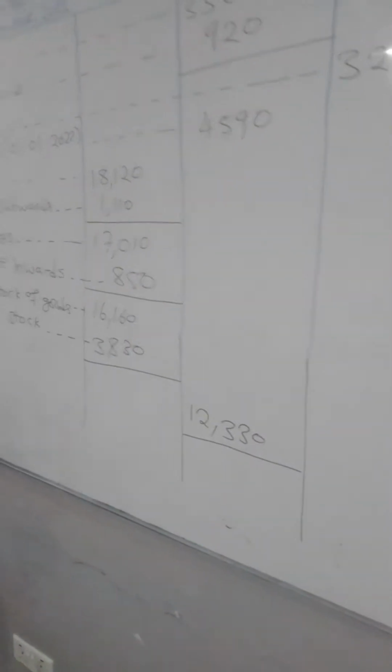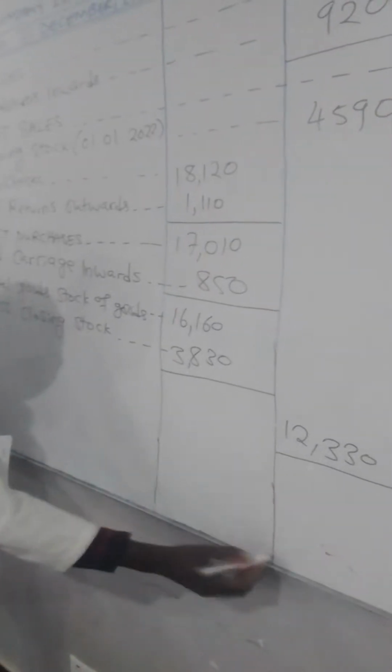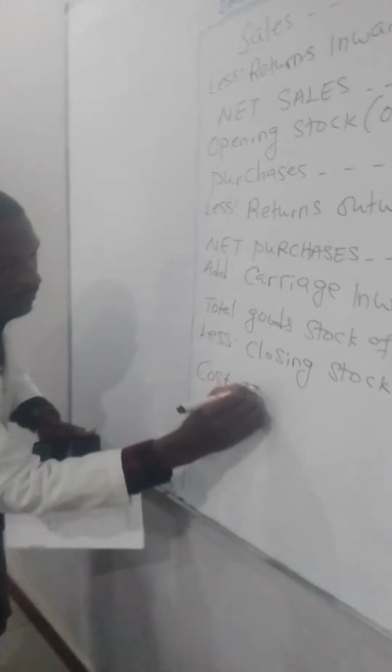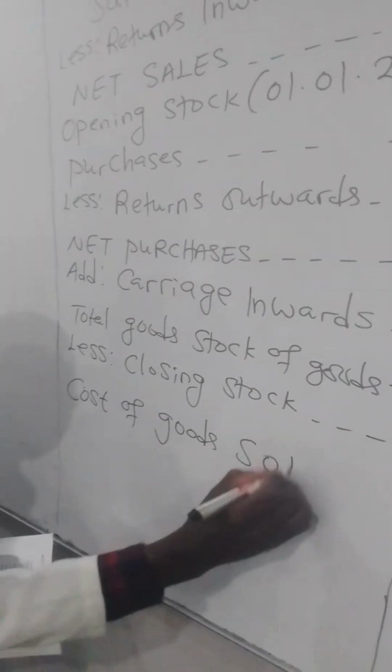Okay. Now what you're going to get is the cost of goods sold.